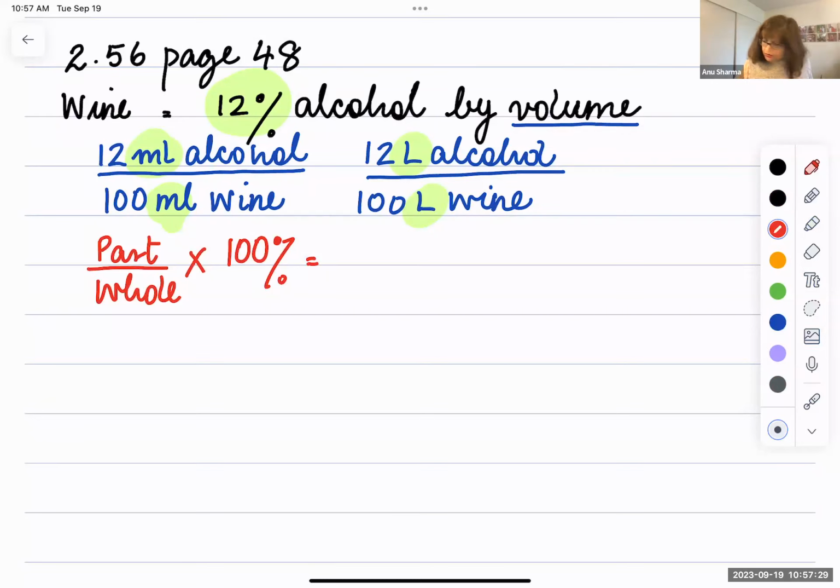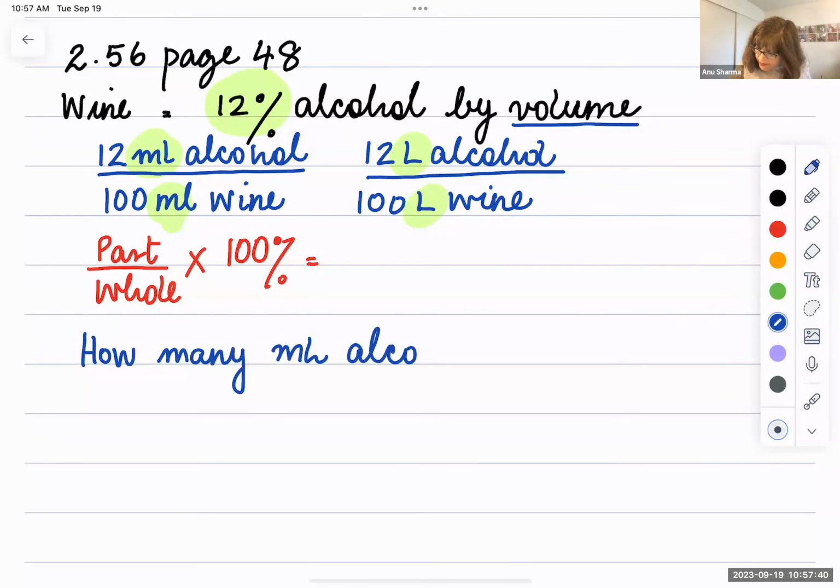How many milliliters of alcohol? So the question is, how many milliliters of alcohol are in 0.750 liters?